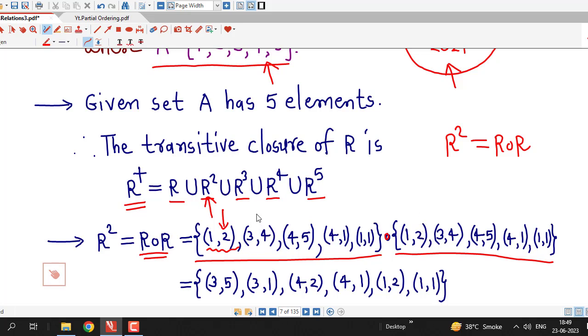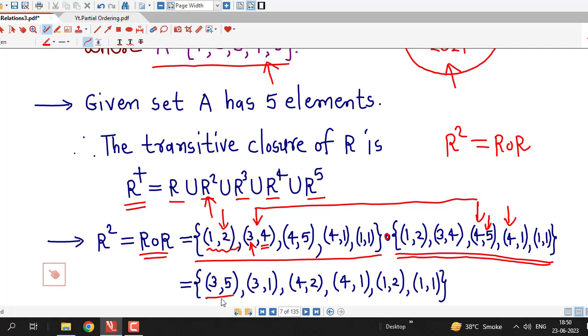So now we come to the second ordered pair. Here the second component is 4. So in this part we will search for the ordered pair whose first component is 4. We can see there are two ordered pairs having first component 4. If we combine these two ordered pairs 3, 4 and 4, 5, that is 3 related to 4 and 4 related to 5, then in the composition we write first component 3, second component 5.